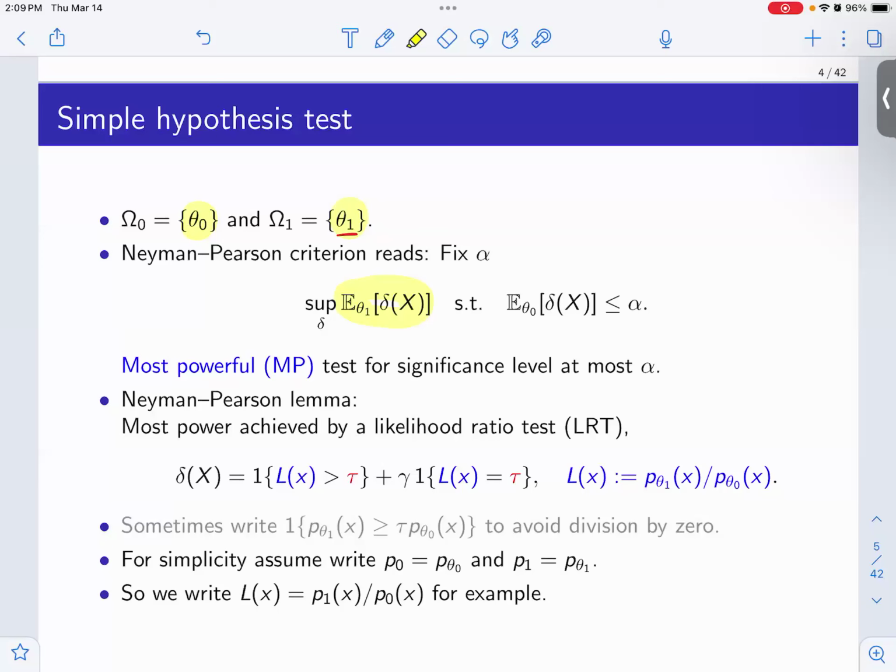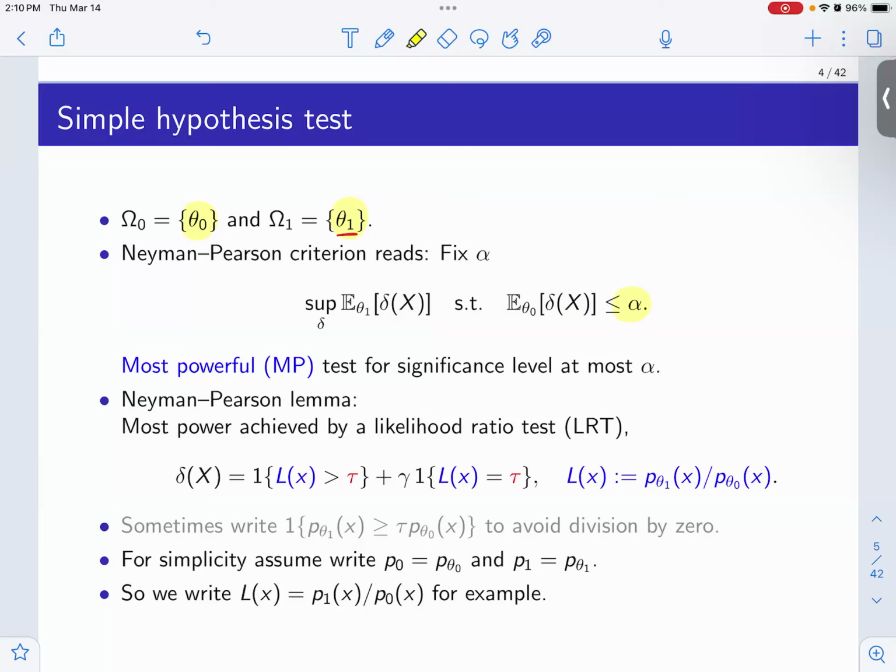We want this to be big, so we want to maximize this. And then what is the acceptance probability under theta naught? We want this to be small. We don't want to accept under the null, right? So we set an upper bound alpha on this. Subject to this we want to maximize.